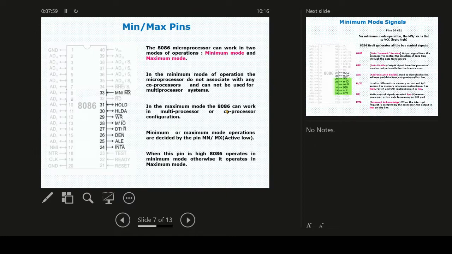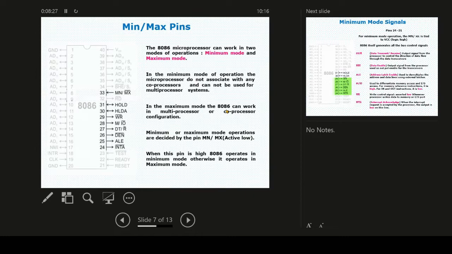As mentioned by Shashwata, this mode selection depends on the MN/MX pin. If the MN/MX pin is applied logic 1, then the microprocessor works in the minimum mode, and if the logic is 0, then it will work in the maximum mode.